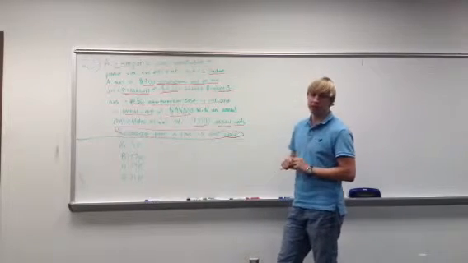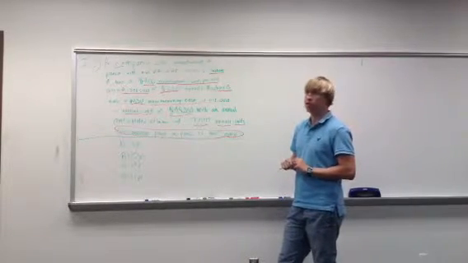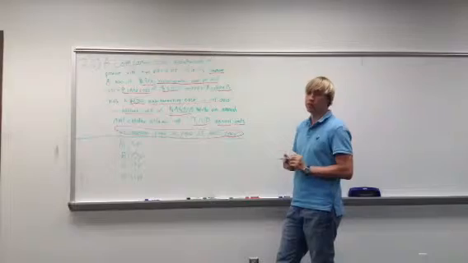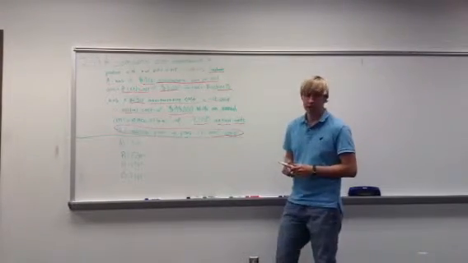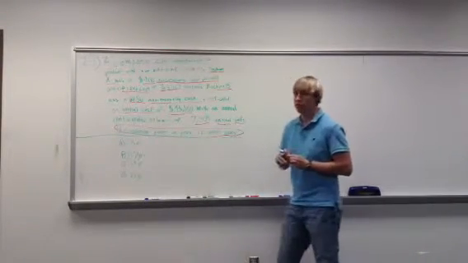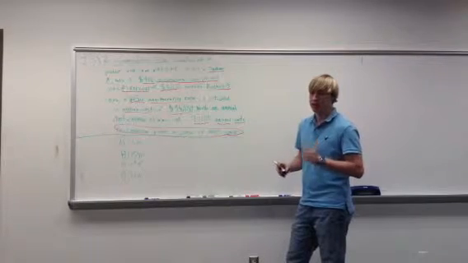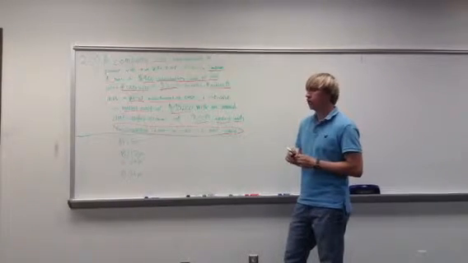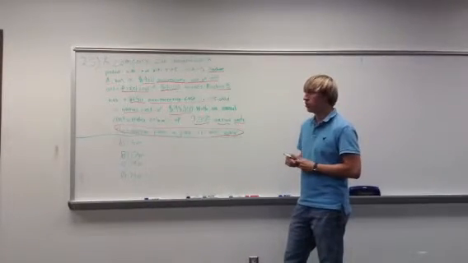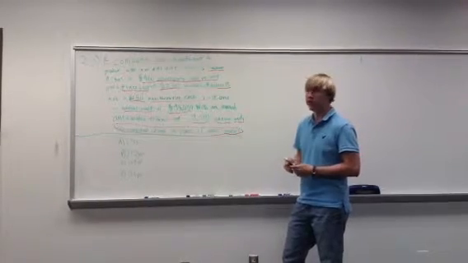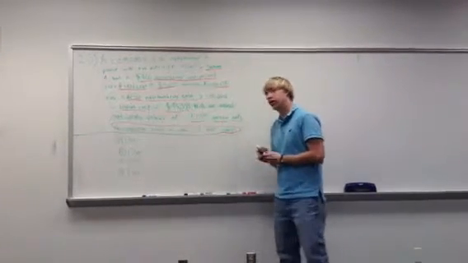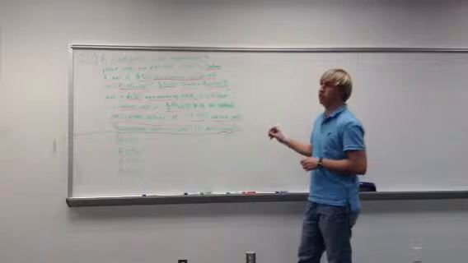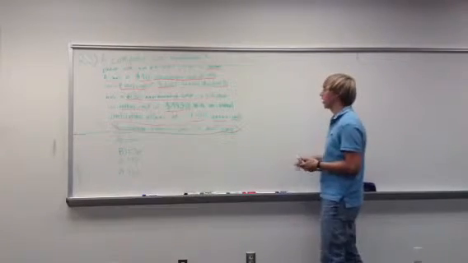Now the break-even point is when each option, machine A and machine B, will both have an equal total cost. So what we can do is set up an equality for machine A and machine B. So we'll do that right here.